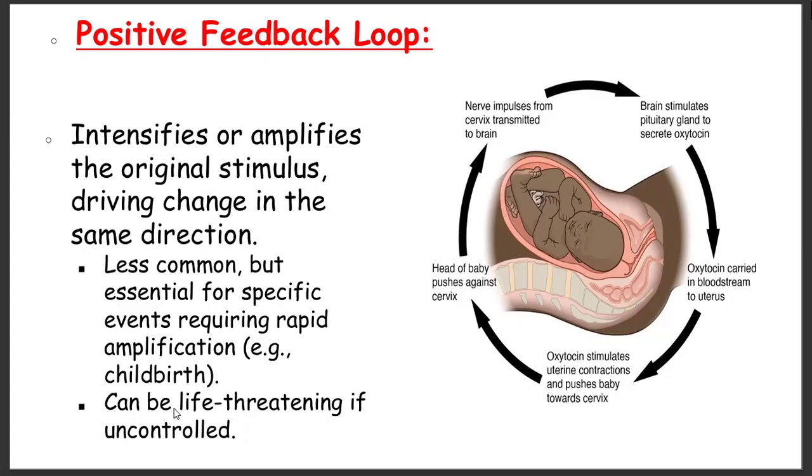And it is going to amplify, or I can use the word intensify, the original stimulus in that same direction. So those are the two feedback loops that are employed for homeostatic mechanisms to take place.